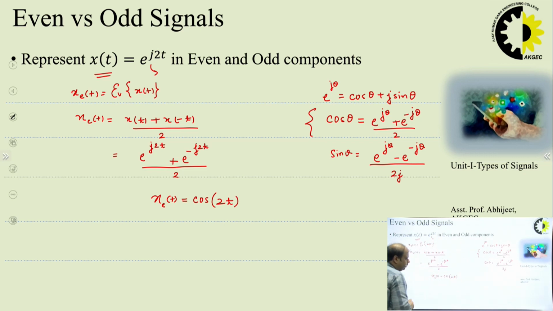So the even component of the signal e raised to the power j 2t is cos 2t. We know that cos 2t is an even signal. By definition also, it should be even, and since it is cos, due to its basic properties, it is bound to be an even signal. So the even part of this signal is an even signal.